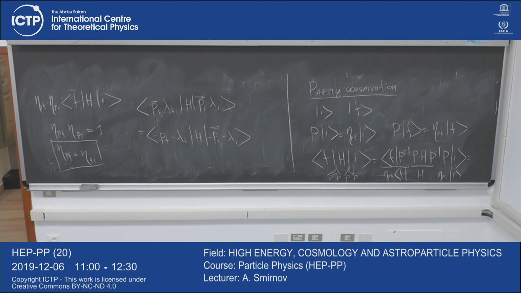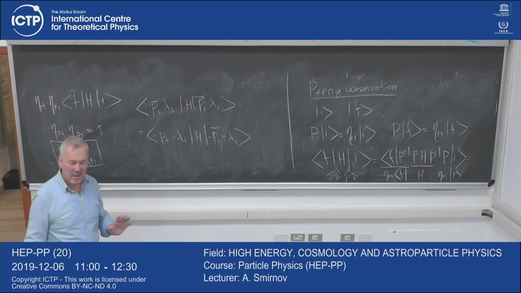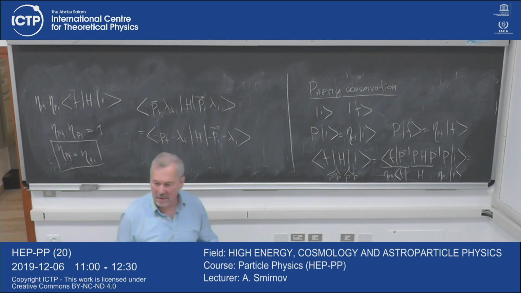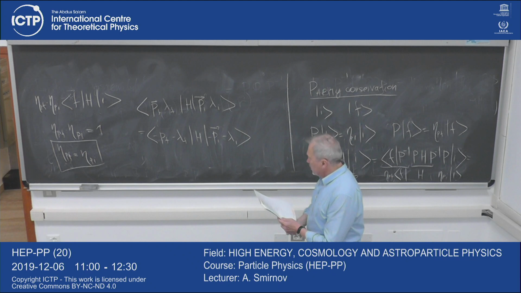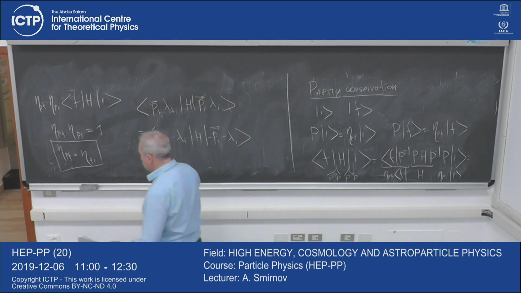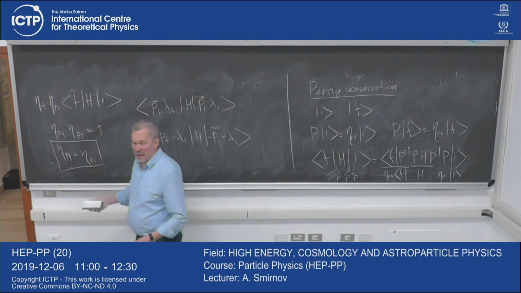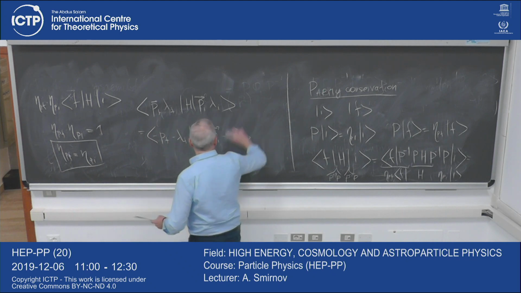And there are many important consequences for different processes, because some processes do not exist since parity is not conserved. You need to take into account the parity of initial particles and final particles, and total parity should be conserved. So let me now discuss how we established the parities of different particles.